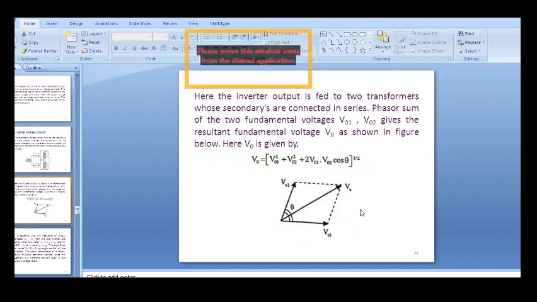If you draw the phasor diagram, you can get the corresponding phasor diagram, and everything is illustrated here. So there is no problem, I hope.